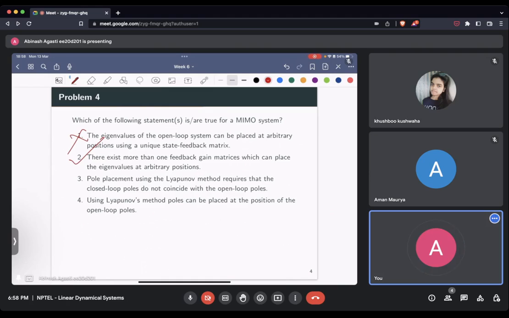Now coming back to the Lyapunov based method. If you remember, I'll just go through the procedure once.